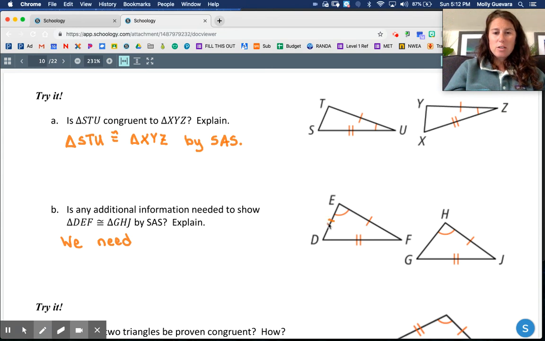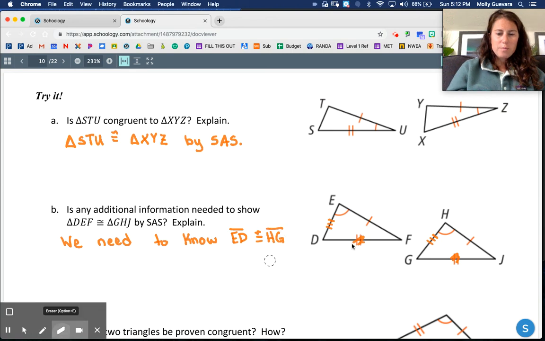So if I knew that ED and HG were congruent, then I would have side angle side, ignoring this side. So we would need to know that ED is congruent to HG. So that's one option.